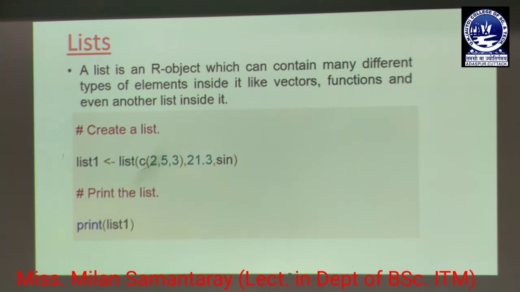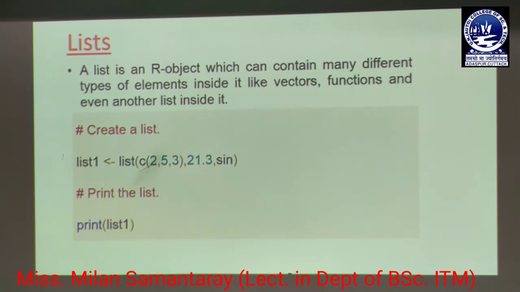So, when we write the R object which is named list, it can contain many different types of elements, like vectors and also functions, and also it can have another list within this. So, here is our function, that means list, and here is our vector C 2 5 3, and here is our numeric value 21.3 and it is sin.